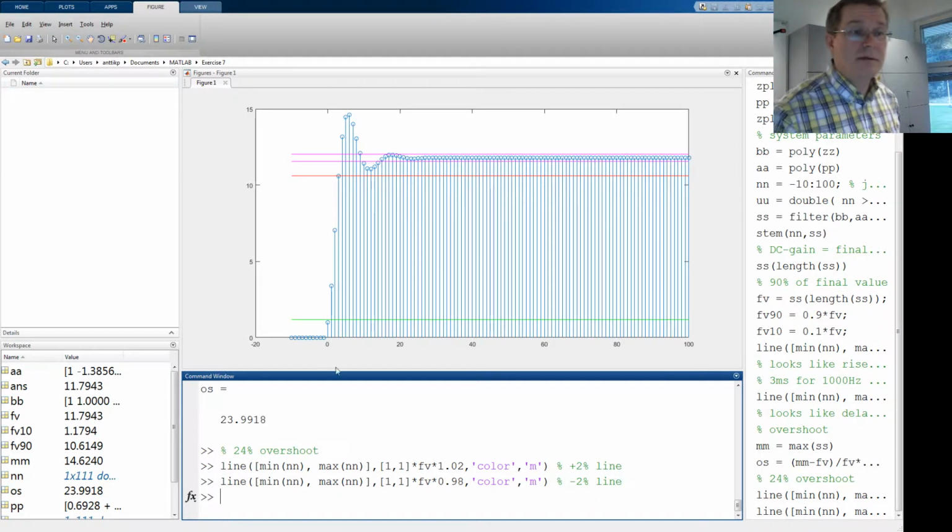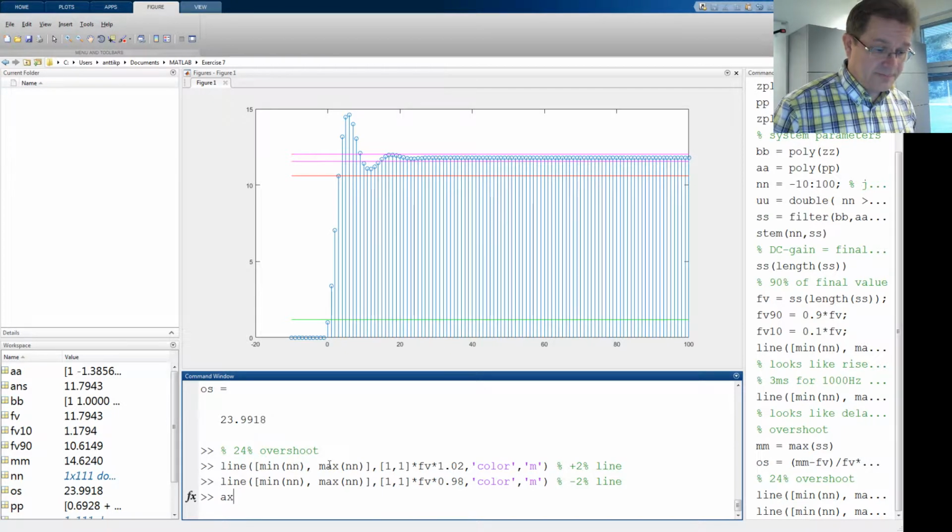And there, let's zoom it a little bit. From, let's see, maybe 0 to 20, and from, okay, 12 to 14 maybe.